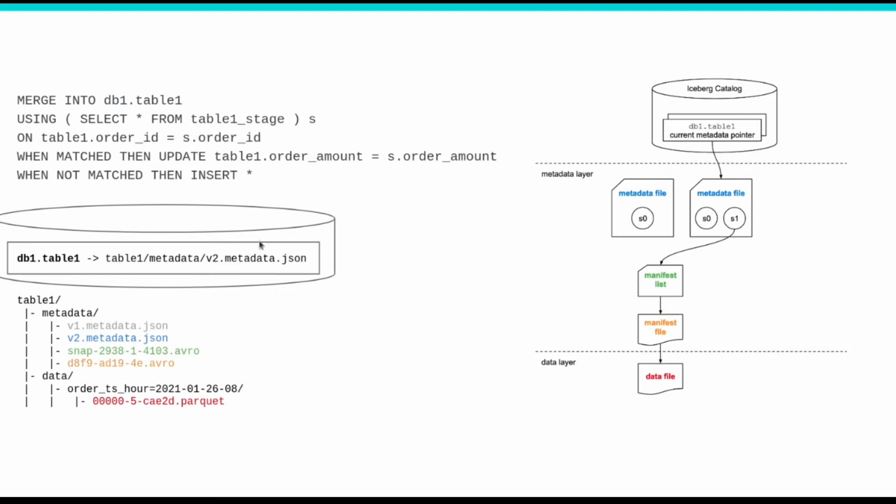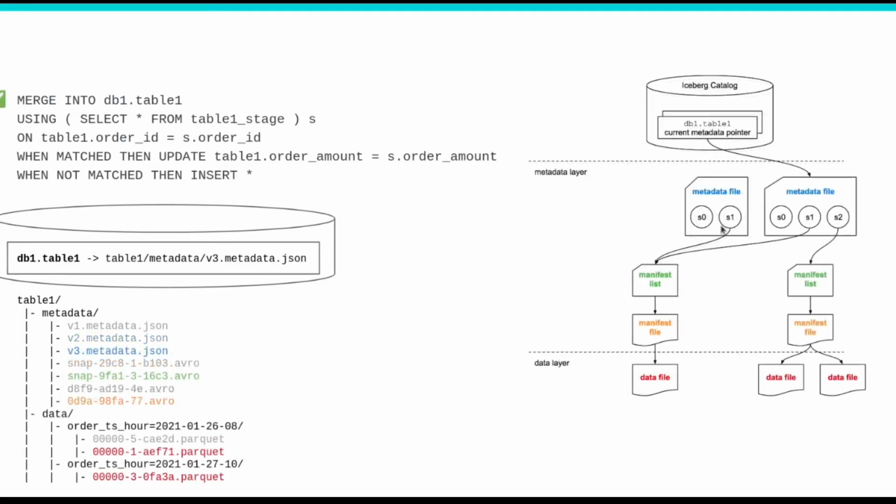So the first thing it's going to do is go back to the catalog, figure out, hey, what's the newest metadata file? Read the newest metadata file so that it knows what the schema is. And once it knows what the schema is, it's going to begin writing new data files based on the schema, based on the partitioning, based on all that.